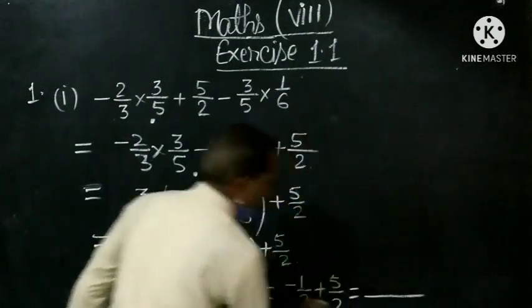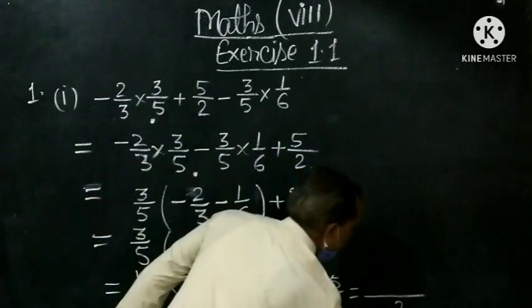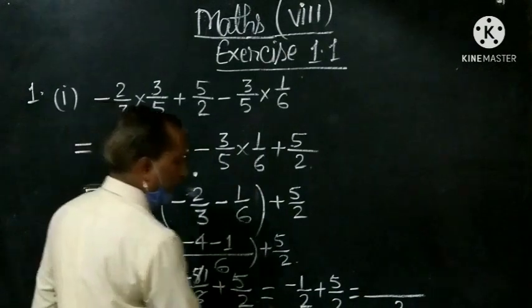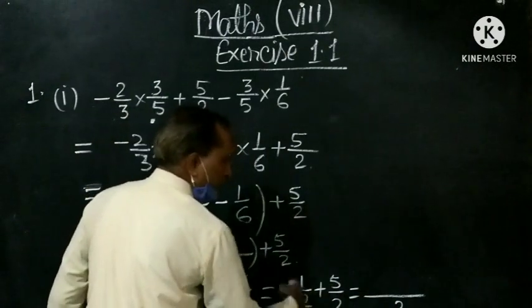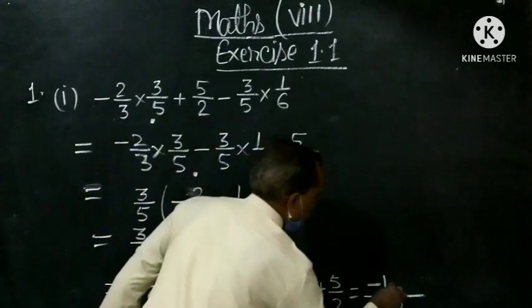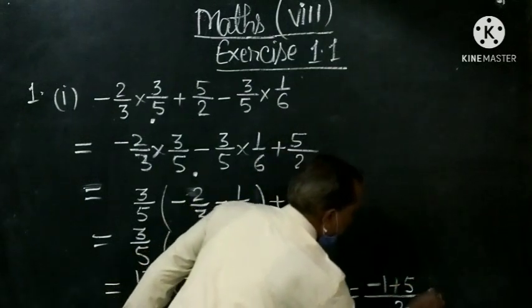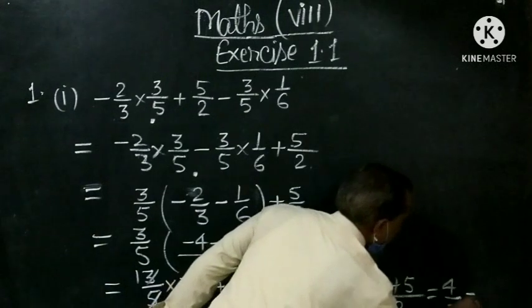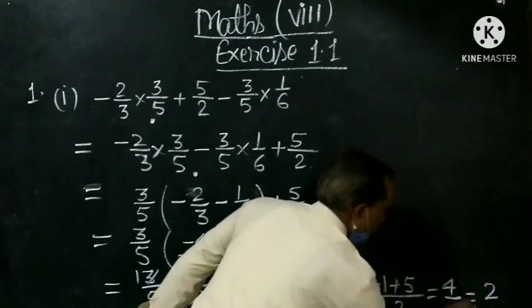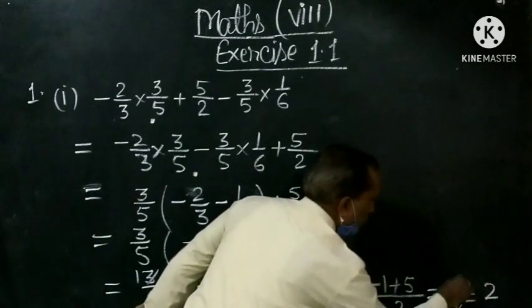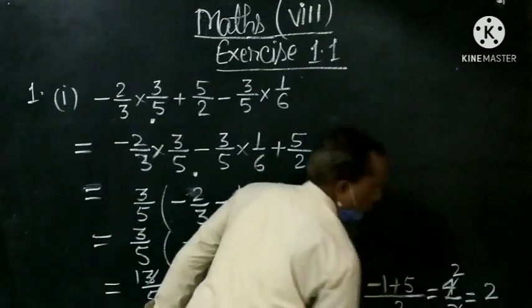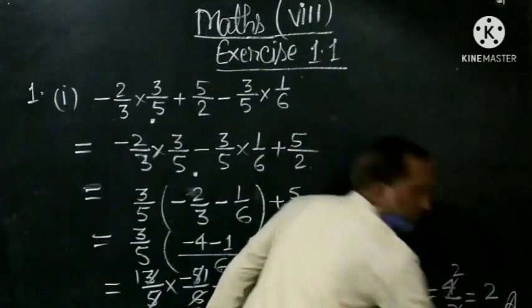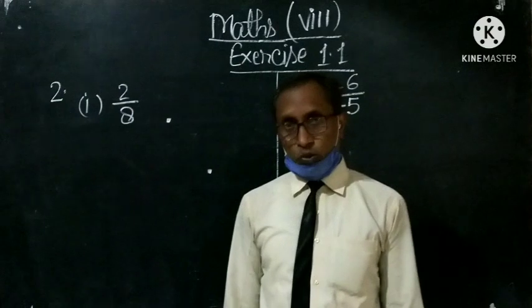You add these two terms, you write the common denominator and then you add the numerators. Minus 1 plus 5 is equal to 4 upon 2, which is equal to 2. 4 is cancelled by 2 in 2 times, you get 2. It is your answer.